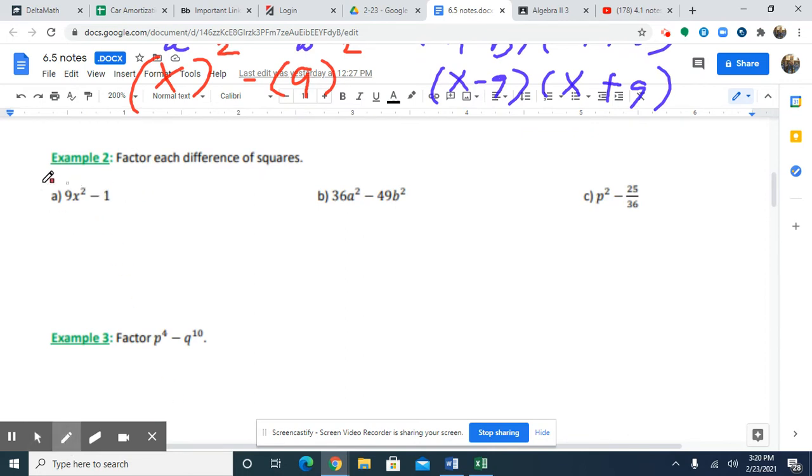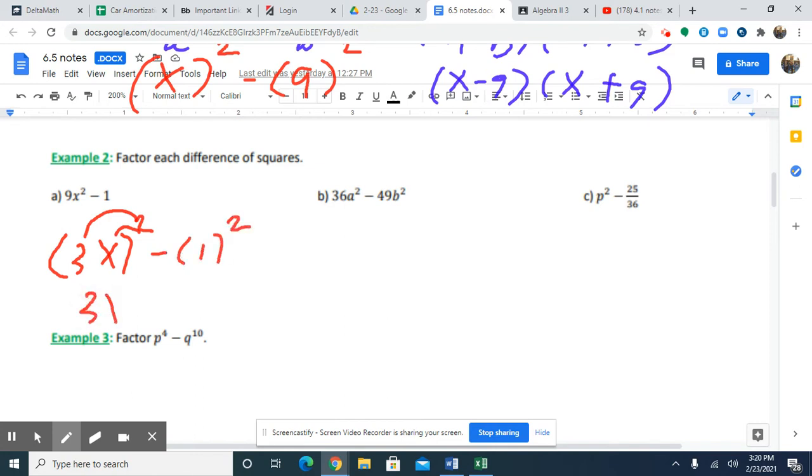In example 2a, we can rewrite 9x squared as 3x to the power of 2, because if you remember, this goes into both of the terms inside. And then we can write 1 to the power of 2.